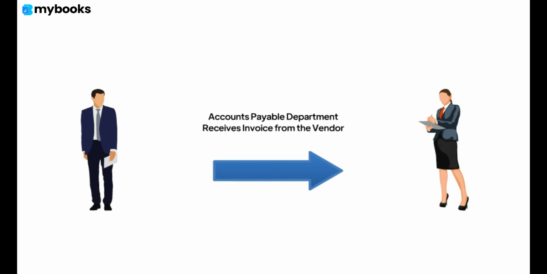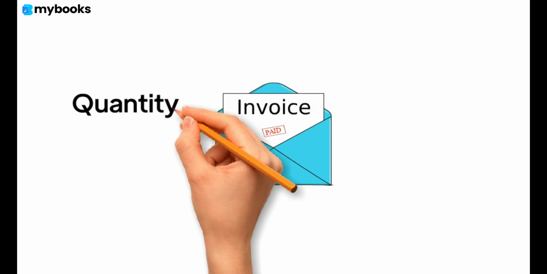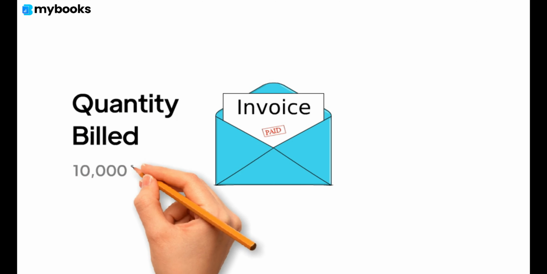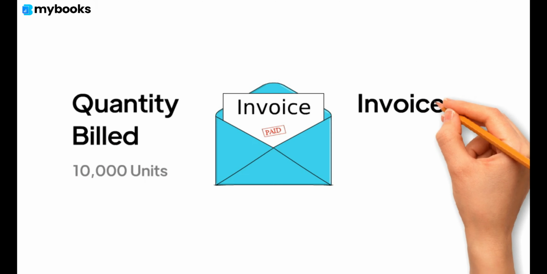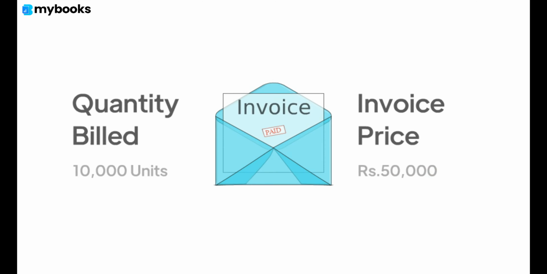The accounts payable department will receive the invoice from the vendor. The invoice will show the number of units sold and the price of those units. In our case, it is 10,000 units. The quantity shown on the invoice is known as quantity billed, and the price of rupees 50,000 on the invoice is known as invoice price.